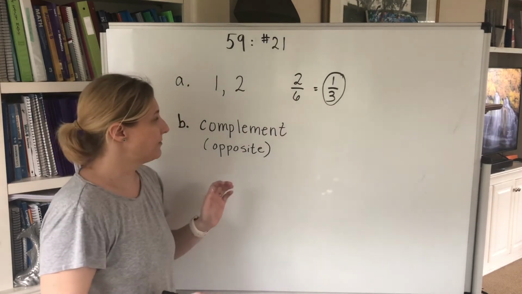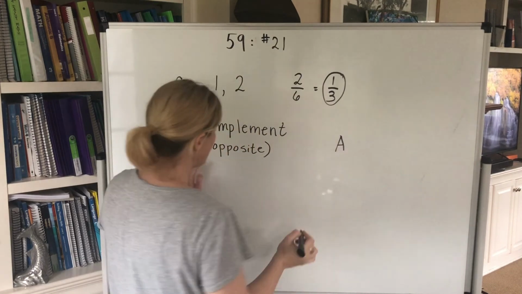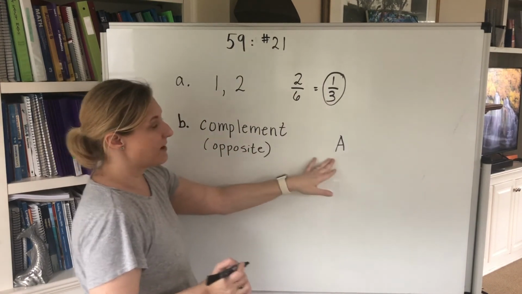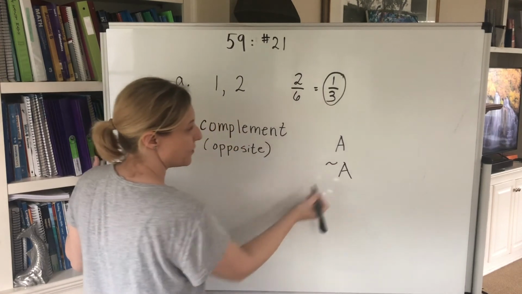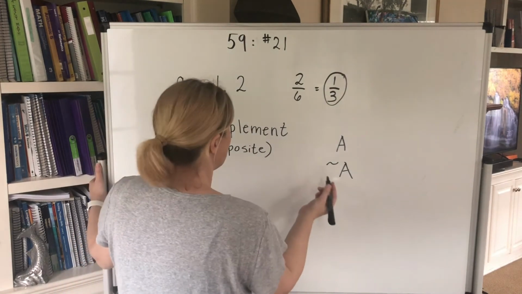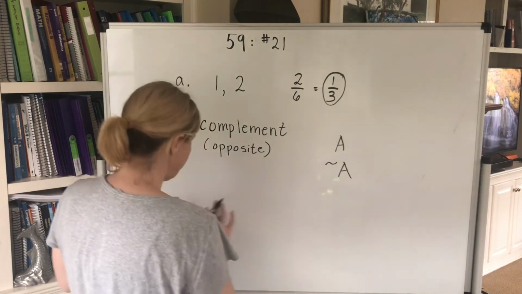So if the answer to an event was A, the complement of that event would be not A. This is the sign for not in math. Now, let me explain, because I know that sounds like, what are you talking about?